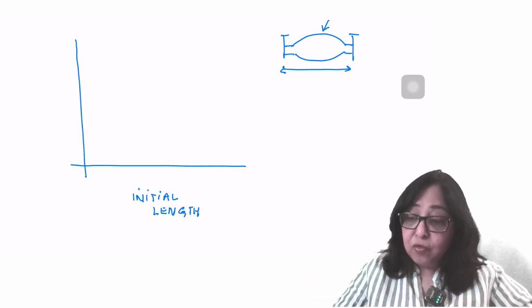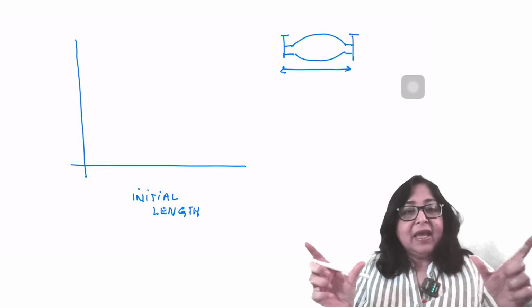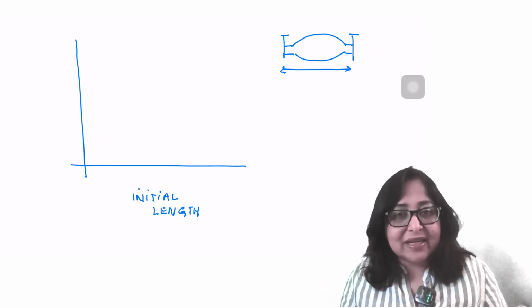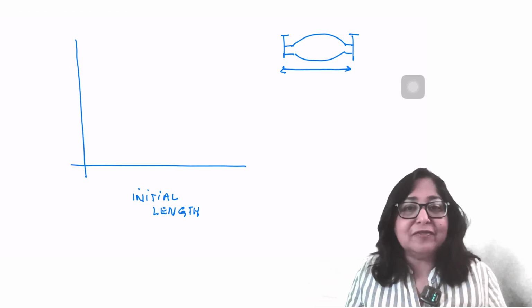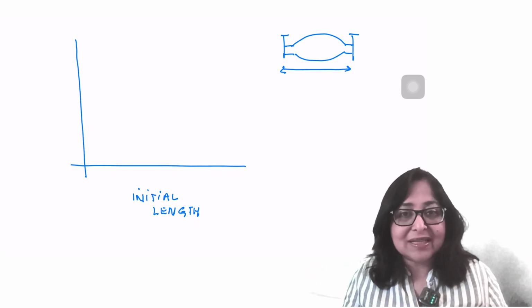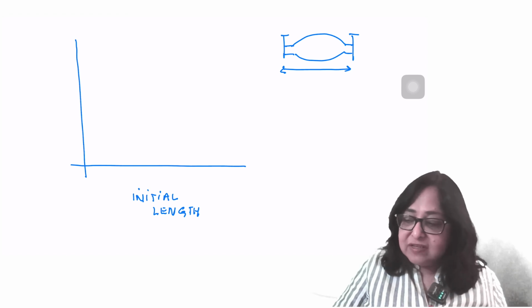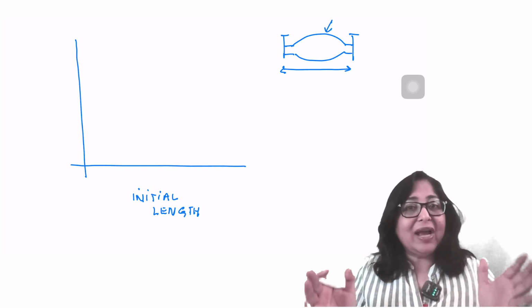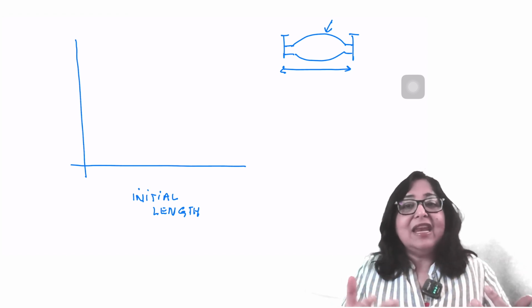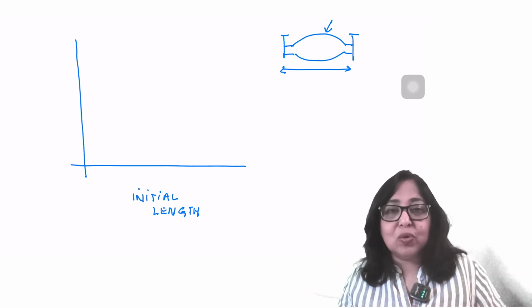Now give a stimulus to the muscle. Sorry, before you give a stimulus to the muscle, when the muscle is at rest, measure the tension in the muscle. That is called passive tension. Tension at rest because of the stretch. Now give a stimulus to the muscle. The muscle will contract isometrically. There is tension generated. That will be known as the total tension.